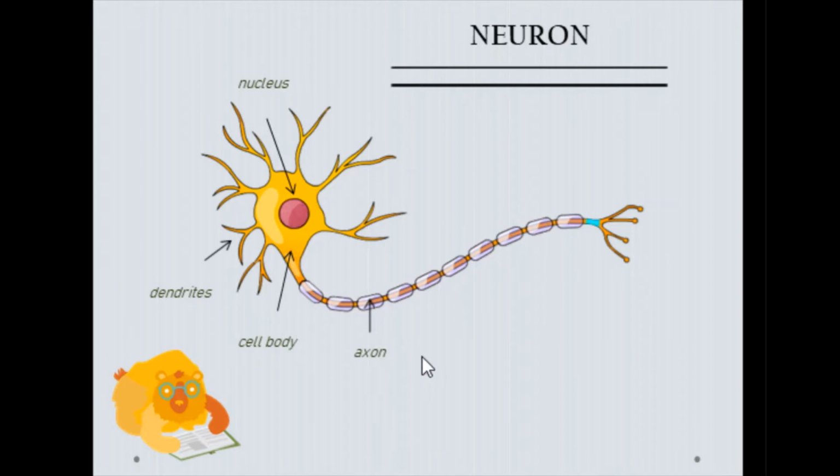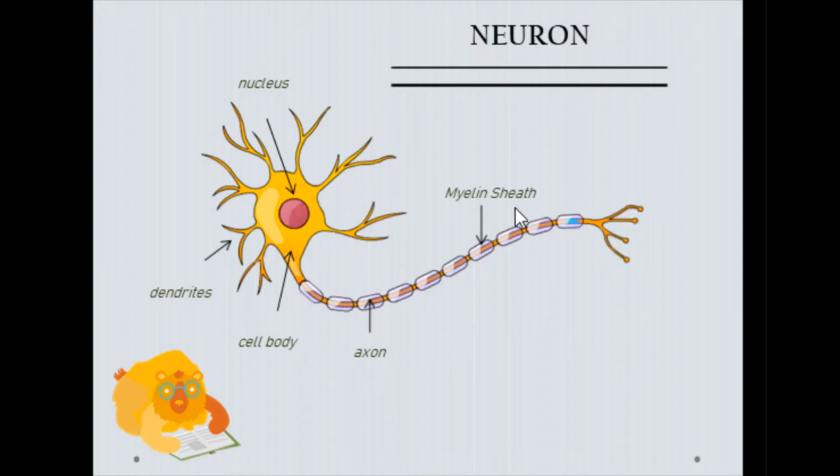Okay, let's go to the next one. How about the cover of the axon? What do you call the cover of the axon? Right, it's the myelin sheath.